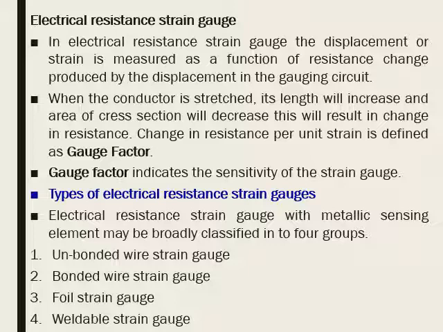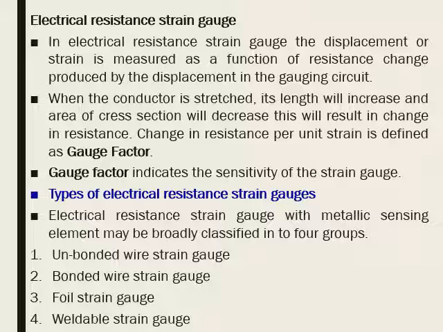Now let us focus first on the electrical resistance strain gauges, which are of interest in this video. In electrical resistance strain gauges, the displacement or strain is measured as a function of the resistance change produced by the displacement in the gauge circuit.